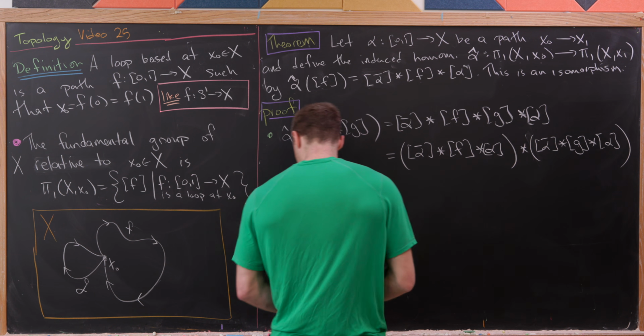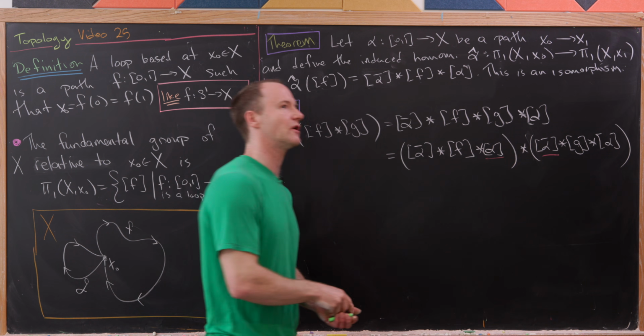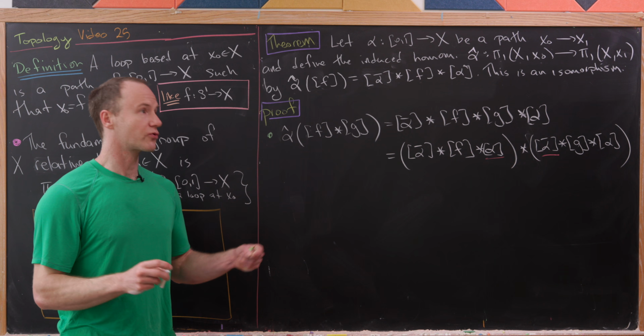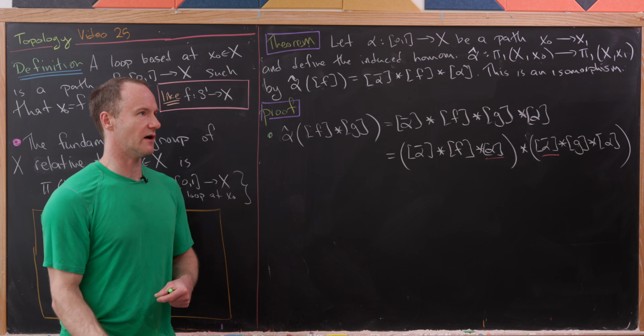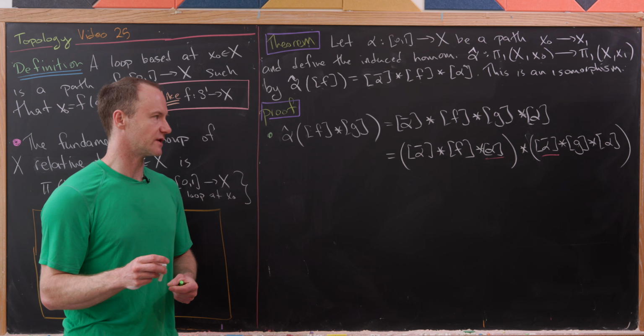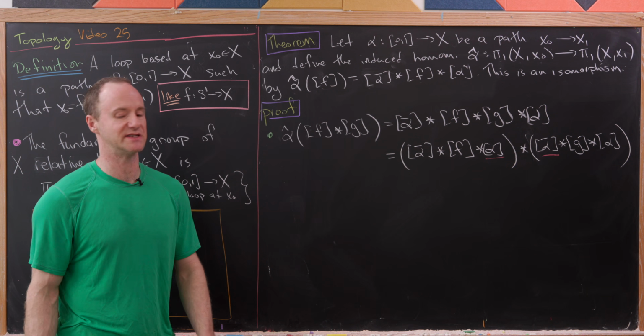Okay, good. What I did is I inserted this alpha alpha bar, but we know that those are going to be inverses of each other. I guess we didn't properly prove it in the case that you're outside of a group, but that is going to be homotopy equivalent to the appropriate identity map. It's similar to what we just did.